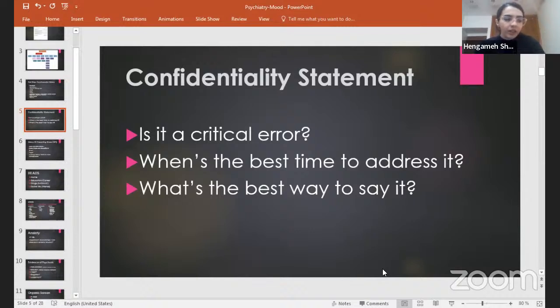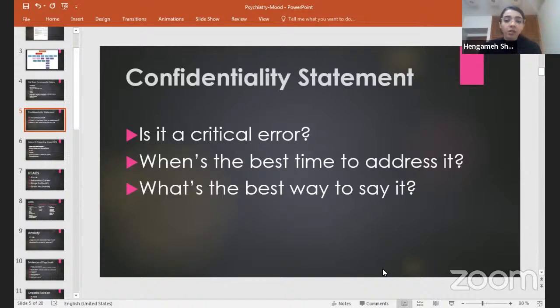So the thing is, if you go to Australian websites like AMBOSS, I think back when I used to study, there were a few websites that I came across that mentioned the confidentiality statement. The actual confidentiality statement is a big paragraph consisting of different parts. For instance, whatever we discuss today will remain confidential unless there's harm to you or anyone else.